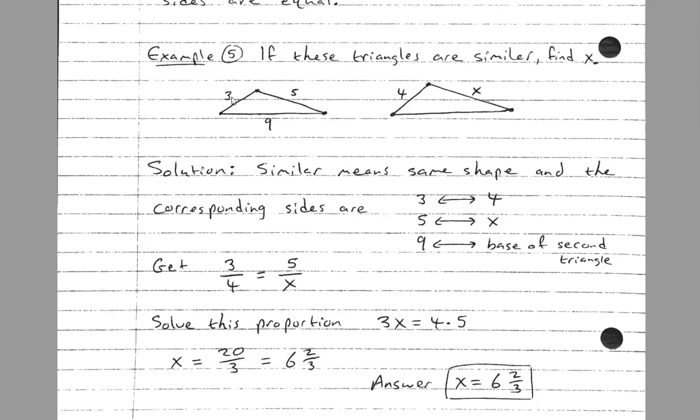So the 3 goes up to 4, and the 5 goes up to not 6, but 6 2/3. Okay, so yeah, you can't add, you're really multiplying. Alright, so similar triangles, another application of these proportions.